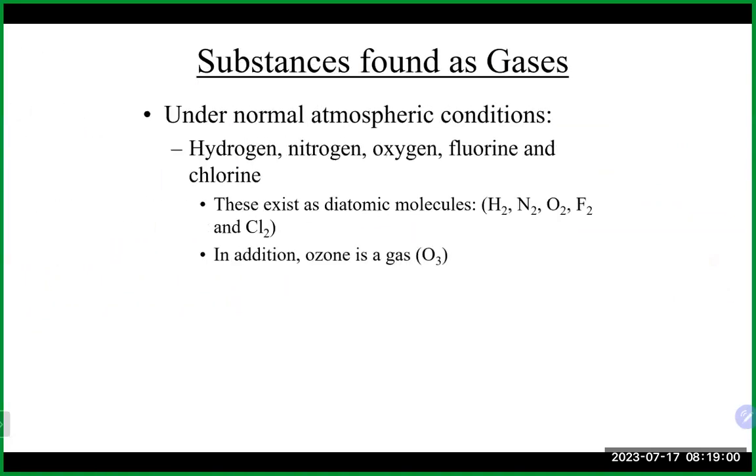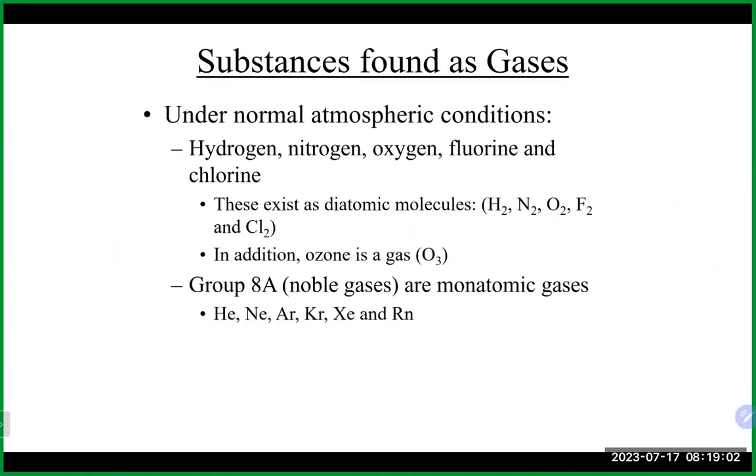Now, under normal conditions, the guys that we typically see as gases are hydrogen, nitrogen, oxygen, fluorine, and chlorine. These are our diatomic molecules, which are elements. Remember how these naturally come when they are uncombined is in this form: H2, N2, O2, F2, Cl2, and they're all gases.